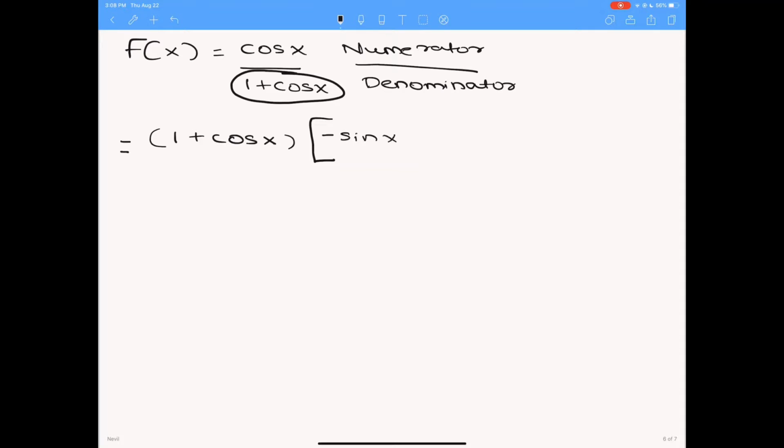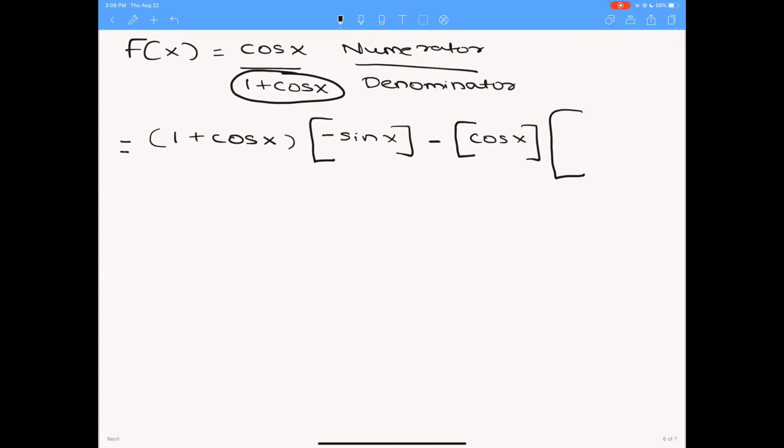So you multiply that, minus, you basically just do the opposite. You're going to take the top numerator, which is cosine x, and multiply that with the derivative of the bottom denominator. So the derivative of 1 plus cosine x is, you're going to take the derivative of each term.